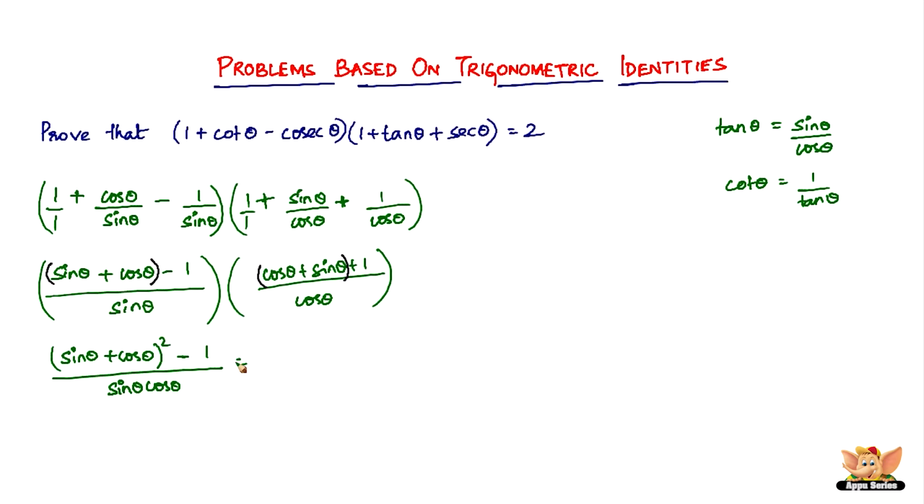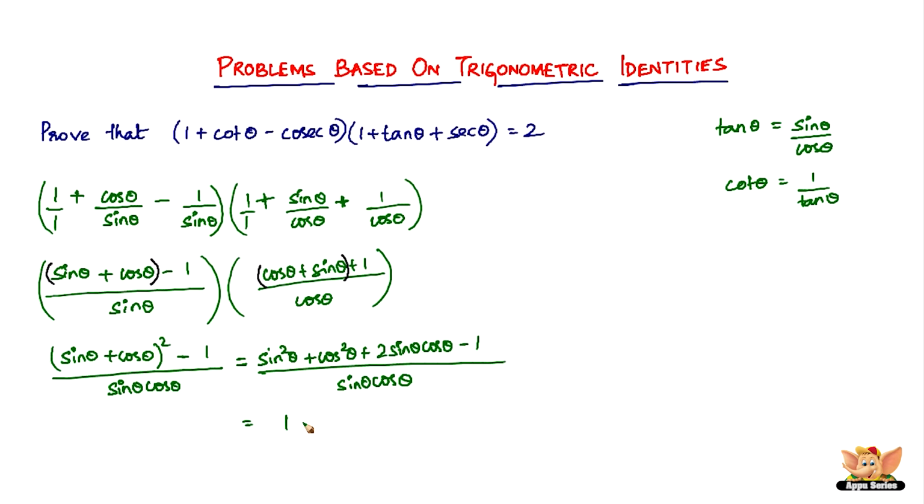And now just expand this, this is of the form (a + b) the whole square, right? So it'll be sin² θ plus cos² θ plus 2 sin θ cos θ minus 1 divided by sin θ cos θ. So now we know that sin² θ plus cos² θ equals 1, right?